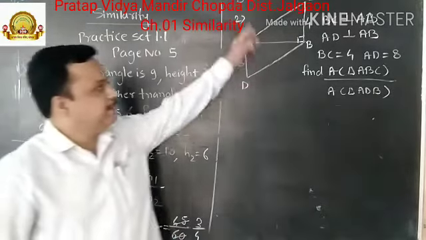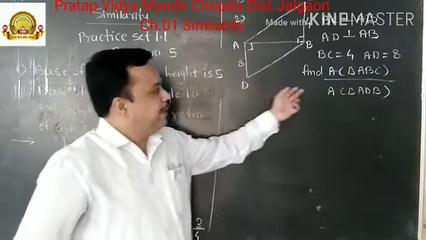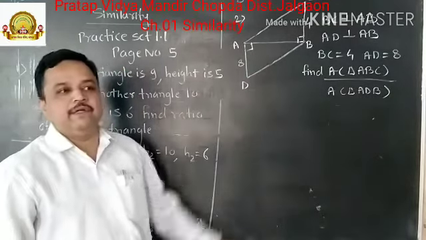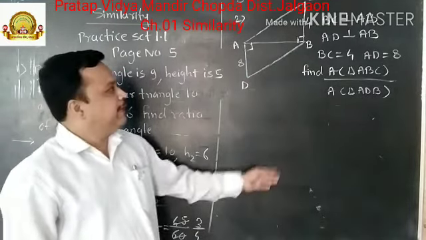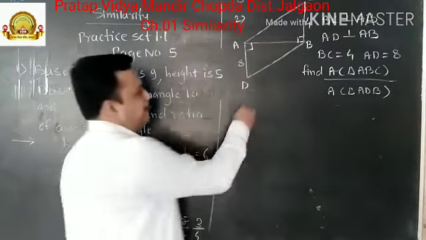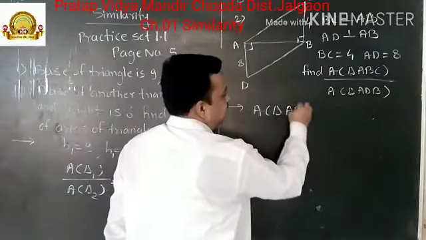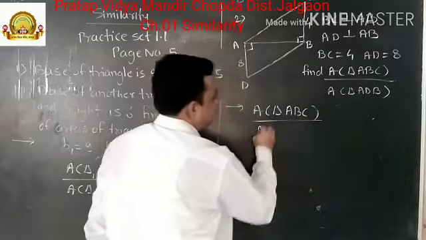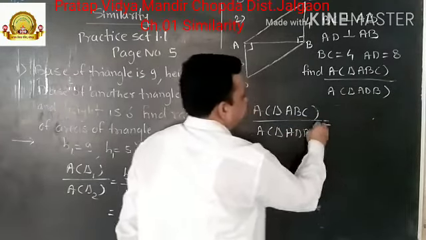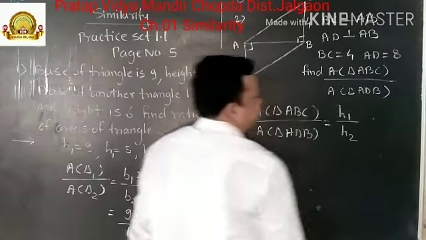The second example: there are two triangles, triangle ABC and triangle ADB. If you observe the figure carefully, you will come to know that the height is different and the base is same. In this case, we can solve it like area of triangle ABC upon area of triangle ADB is equal to H1 upon H2.